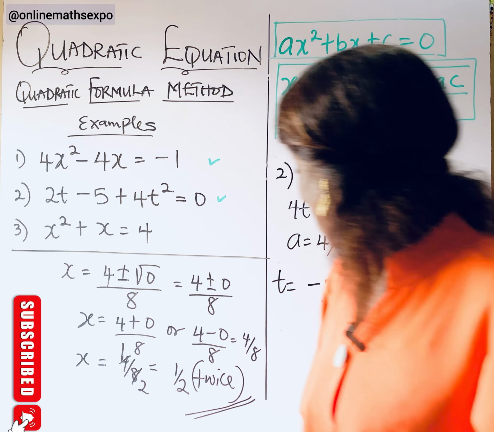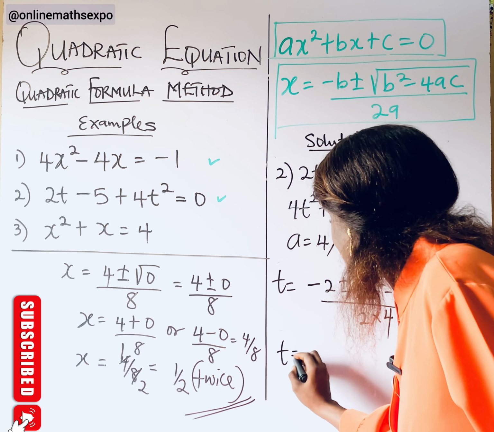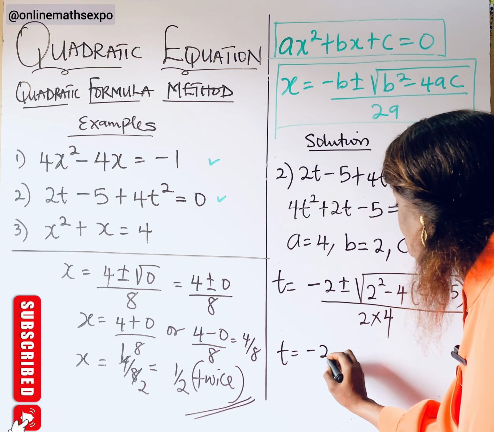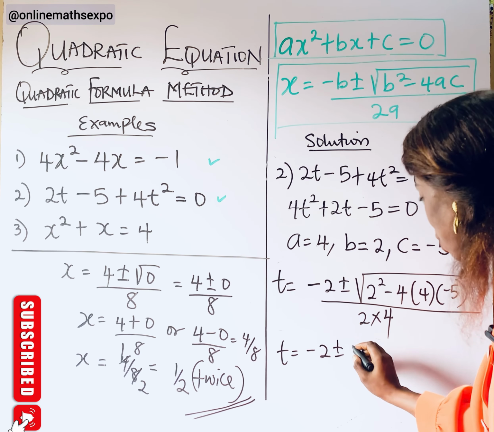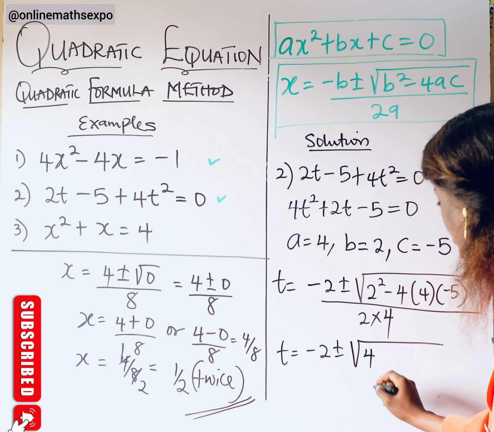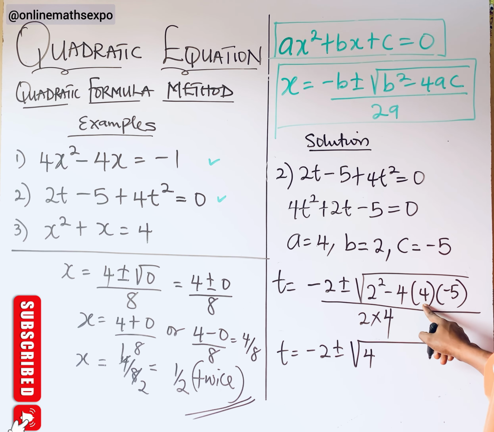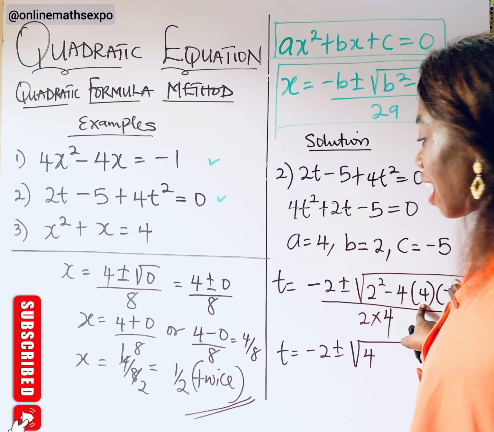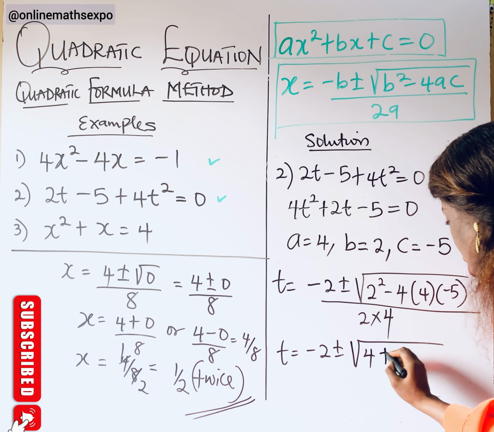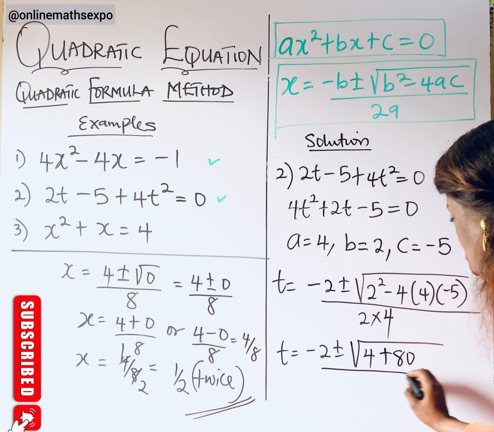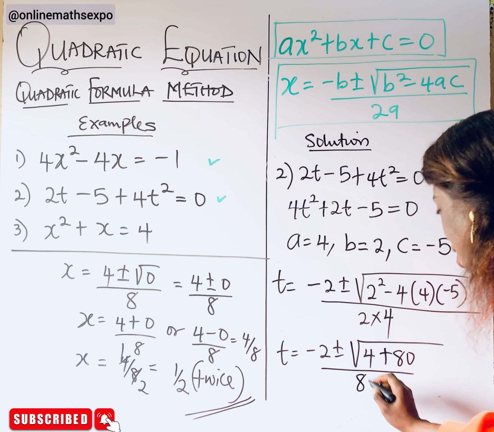So t is equal to -2 plus or minus 2 squared, which is 4. Now -4 times 4 is -16, and -16 times -5 will give us +80, and this is over 2 times 4, giving us 8.